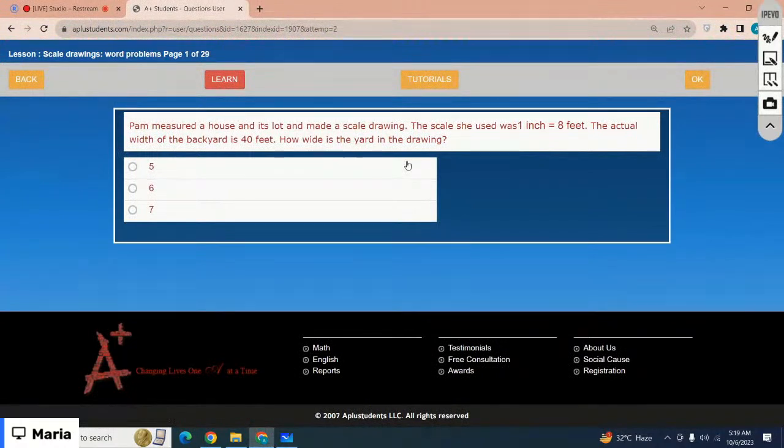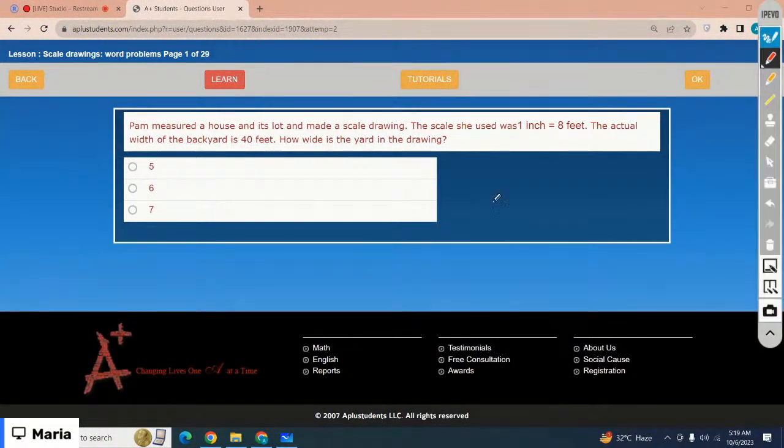The scale she used is 1 inch to 8 feet, right? You are given the scale, that is 1 inch equal 8 feet. The actual width of the backyard is 40 feet. How wide is the yard? The actual is 40 feet, right? You have to find how wide is the yard in the drawing, right?